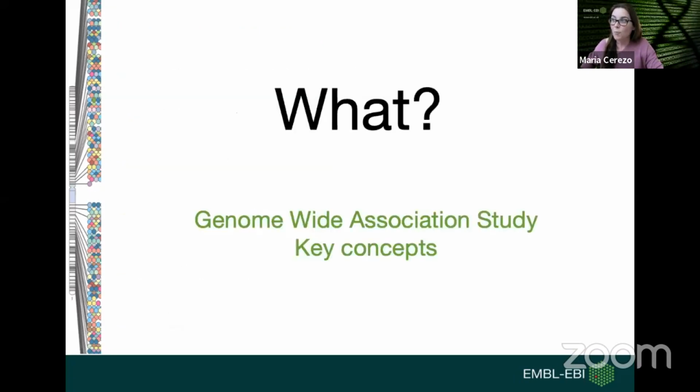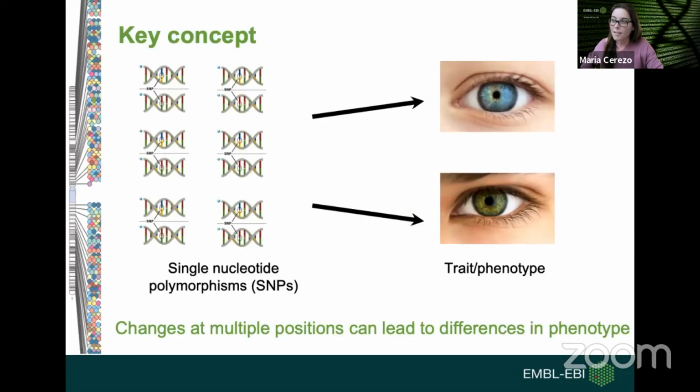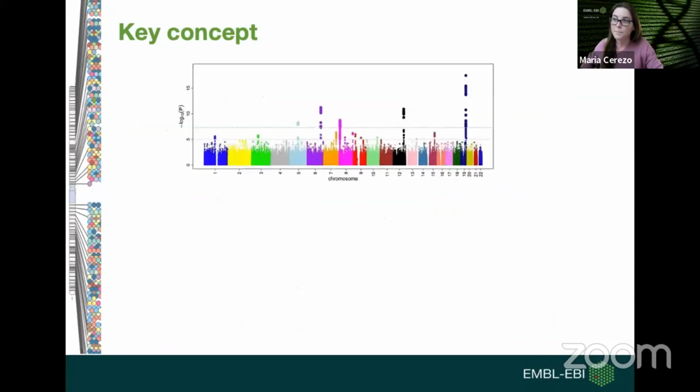So first, what's a genome-wide association study? This methodology relies on the concept that for complex diseases or phenotypes, there might be multiple variants in the genome that affect the likelihood of an individual having certain traits, along with environmental factors.